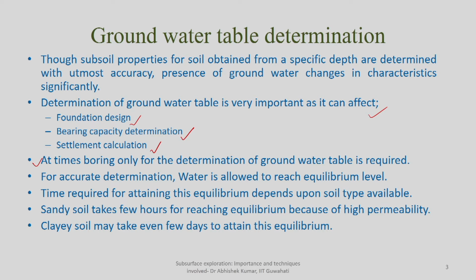So, the time required for groundwater to reach equilibrium in sandy soil will be significantly less, because of permeability the pore pressure dissipation will happen very quickly, and it can reach an equilibrium position quickly. On the other hand, if you encounter clay based on the borehole report, then you have to wait for maybe a few hours, maybe 8 to 10 hours, or maybe a couple of days, to ensure that the water level in the borehole has reached its equilibrium position, and now you can report the depth of groundwater table in your bore log.